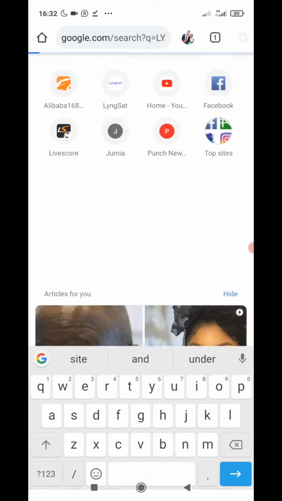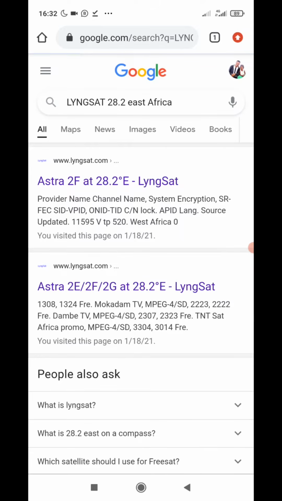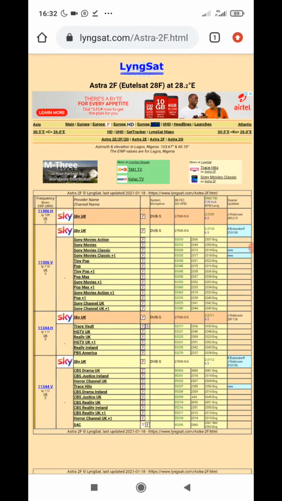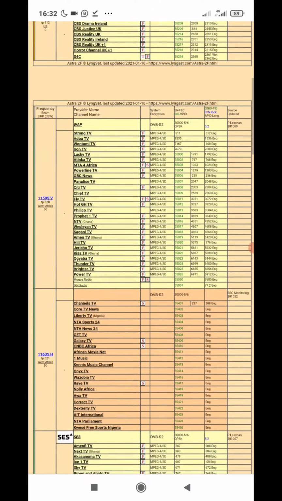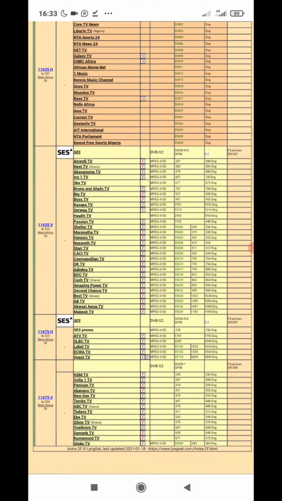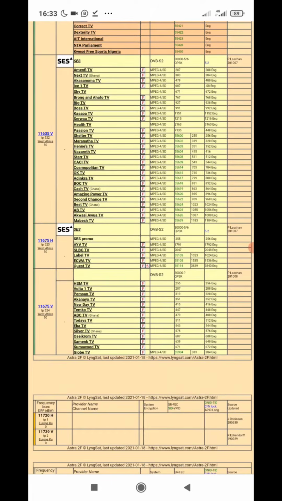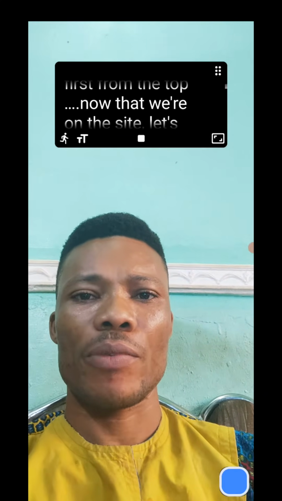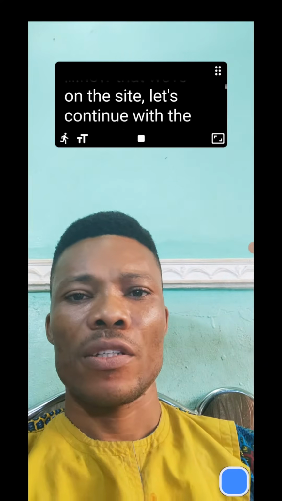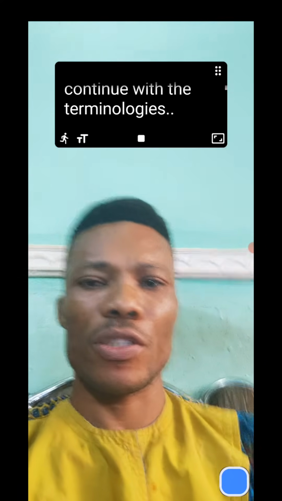Okay, enter. We choose the one at the top. Okay, we are in the site already. Click on the first from the top. Now that we are on the site, let's continue with the terminology.